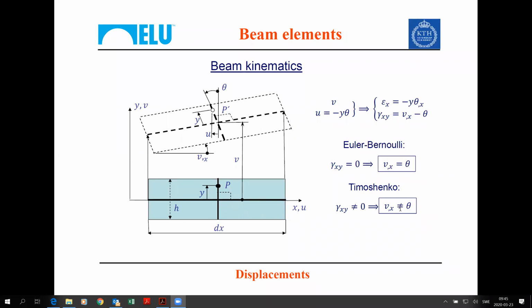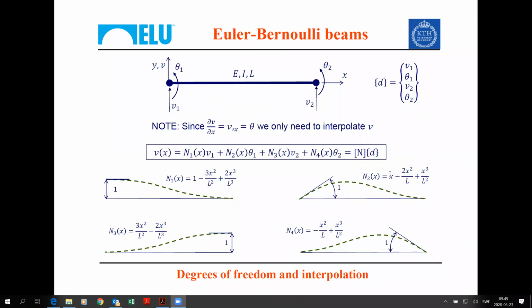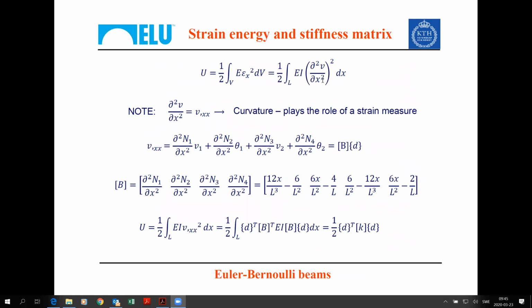If we don't impose a zero shear strain, then dv dx is no longer theta. But if we stay with the Euler-Bernoulli theory, then dv dx is equal to theta, and in the strain energy we get the second derivative of v.